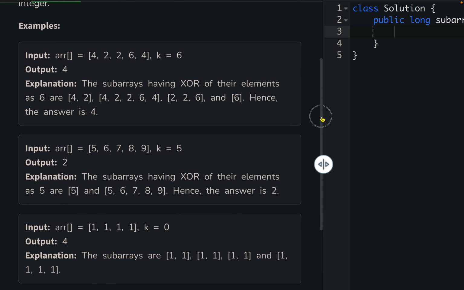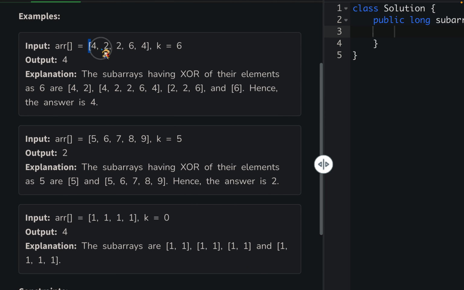So we are provided with a few examples like this, and k is 6, and they say that the subarrays are 4 2 2 6, this one 2 2 6, and the individual 6 over here.